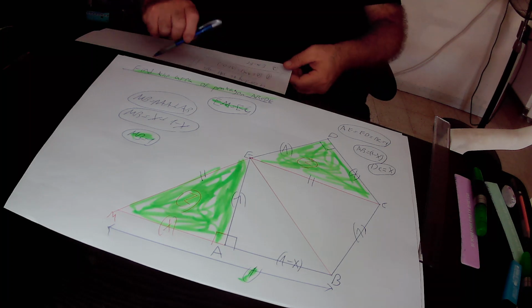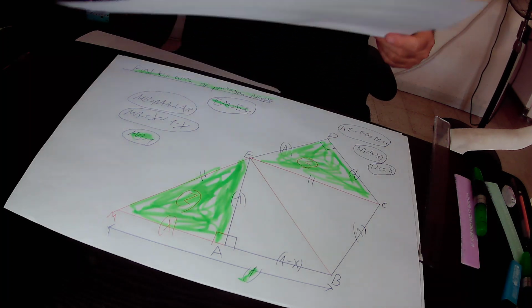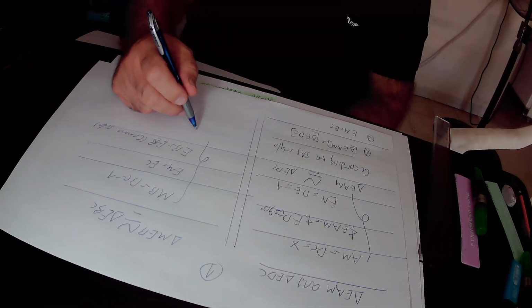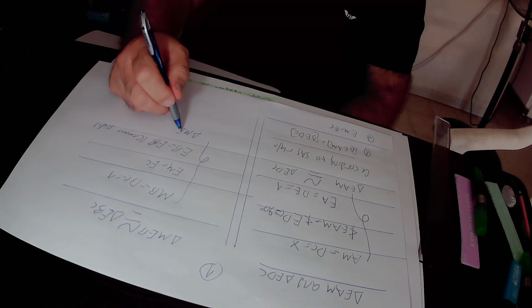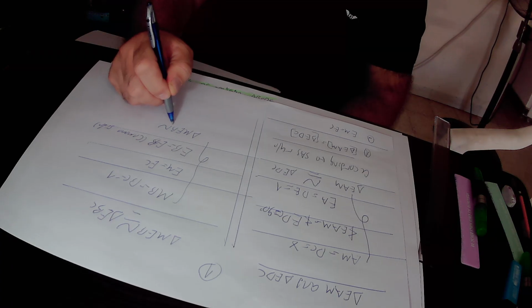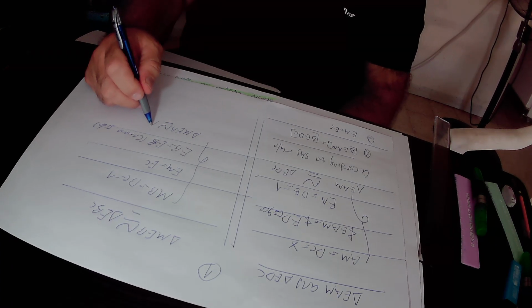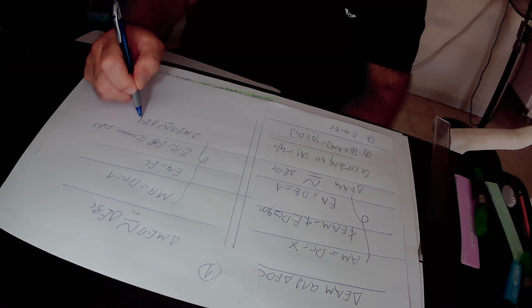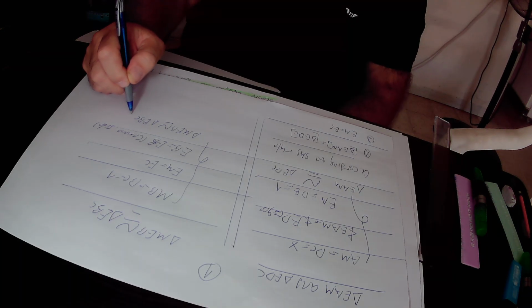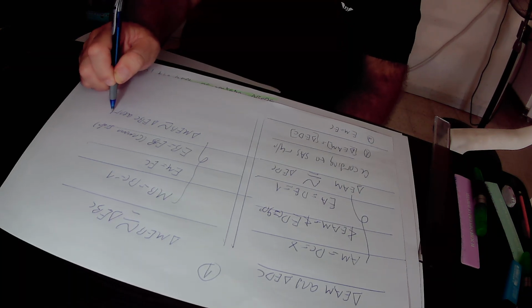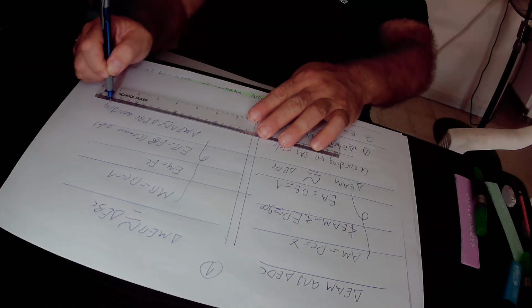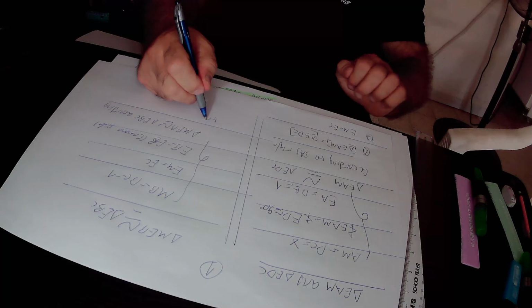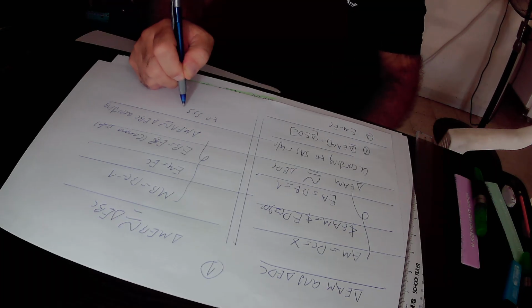So as you know, triangle MEB is congruent to triangle EBC according to side, side, side.